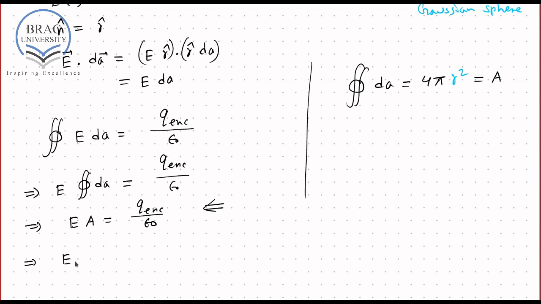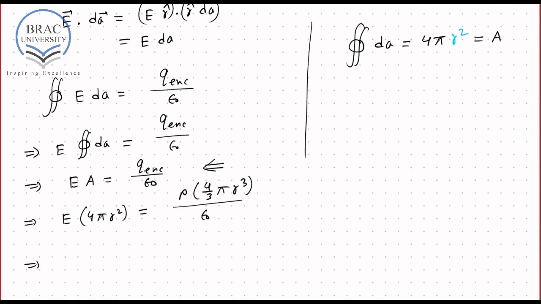So the electric field, well, the magnitude here: E times 4 pi small r squared equals, what is Q enclosed? It is rho times 4 by 3 pi small r cubed. Remember, it's a small r, divided by epsilon naught. What do you have?